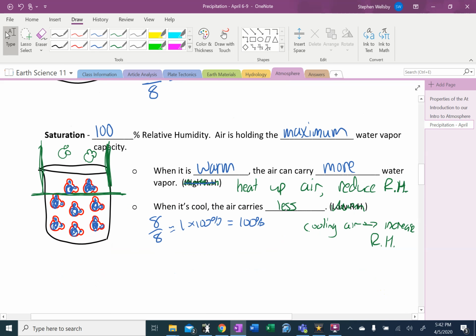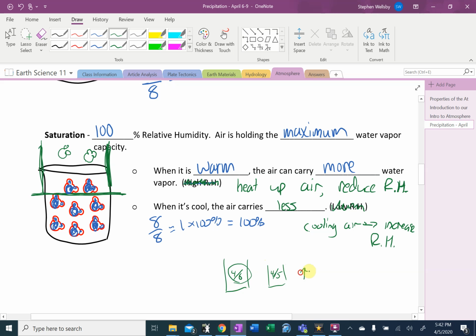Another example is if we started with 4 out of 6, but then we cooled it down a little bit and we're only able to hold 5, we would now have 4 out of 5. So we had this fraction, 4 out of 6, and now we have 4 out of 5.